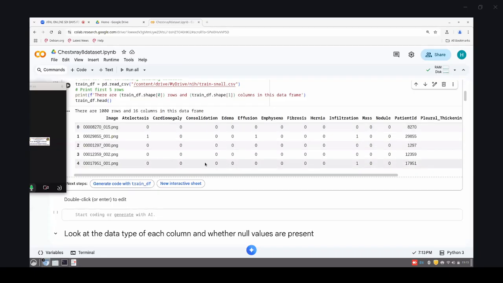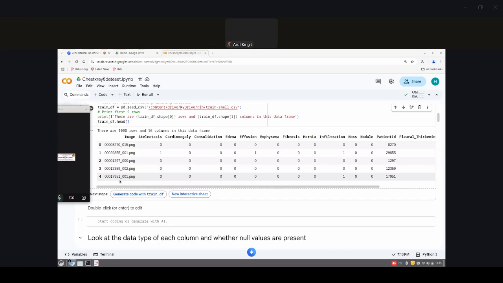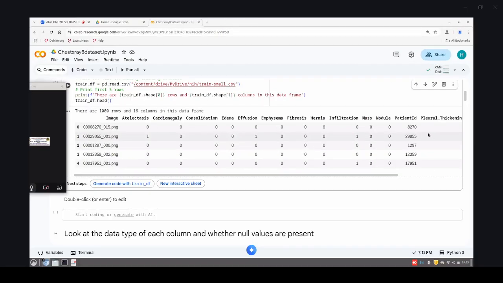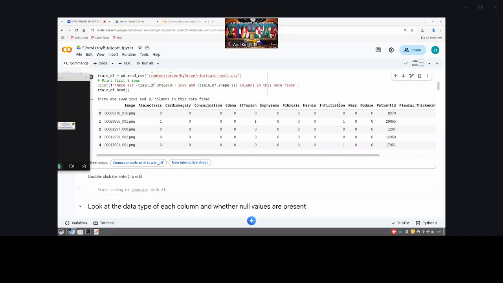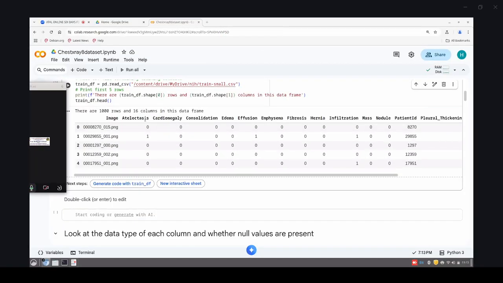So the image which I have used is given here. The image names, the PNG files, and patient IDs are given here, and disease manifestation names are given here, and whether the image has a particular disease is marked by a 1. So that is the structure of this label CSV file.